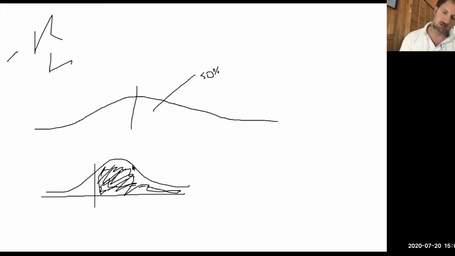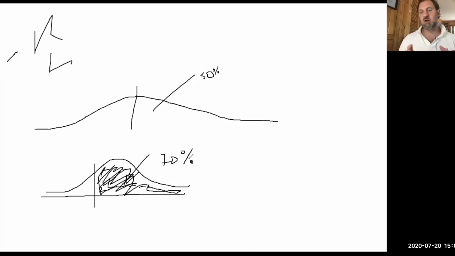But if I draw it to the left of that, then this side must be more than 50%. So I don't know, maybe 60%, maybe 70%, right? It's a little hard to tell. I'm just picking a number out of thin air that's bigger than 50% and smaller than 100%.